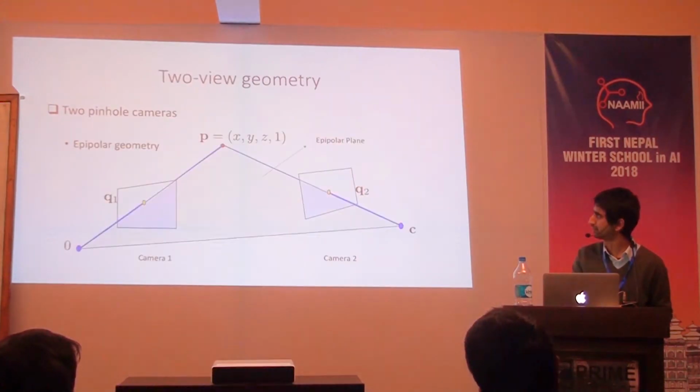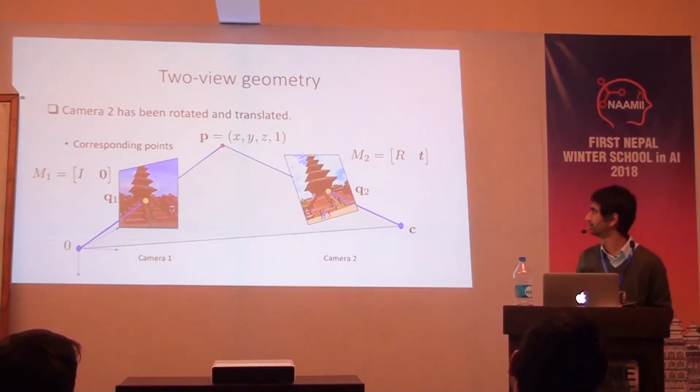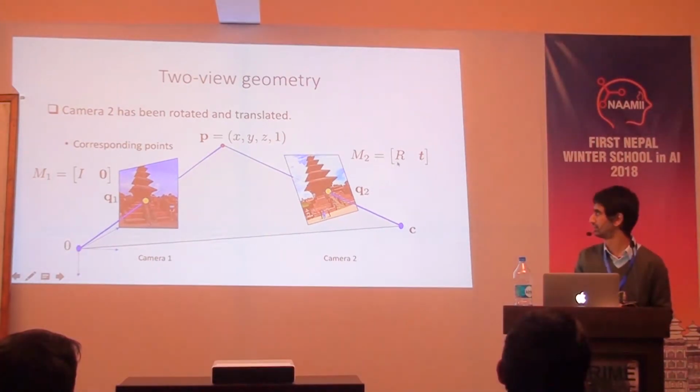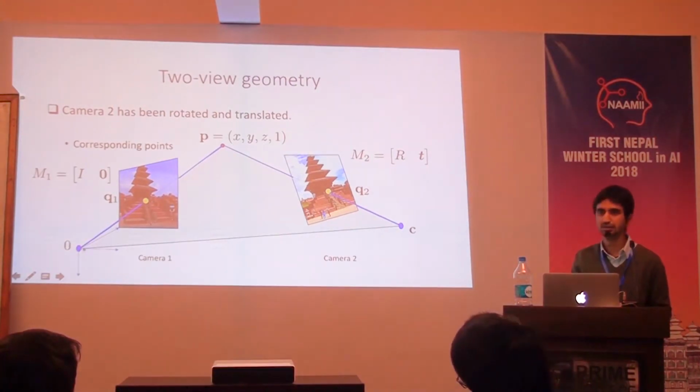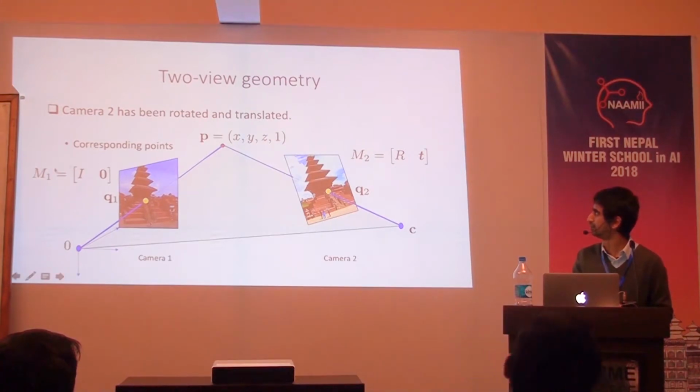So for the first camera, we have I 0, and the second camera we can represent in the same coordinate axis as the first camera by putting R T. So in fact this line is T. It's being translated, and the rotation means that the projection of P will change onto this second camera.